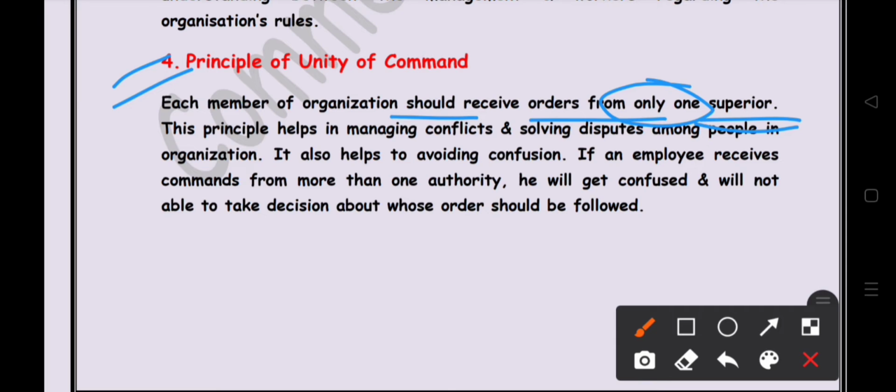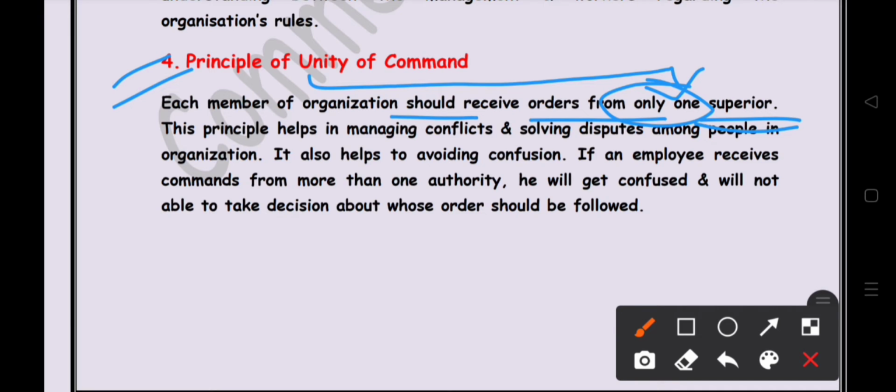As the name suggests, if you divide your work into different sections, say someone is engaged in the HR department or the finance department, then for that department there should be only one authorized person who will give the command to the finance department or the HR department. So unity of command gives you one-way direction on what things you have to do.